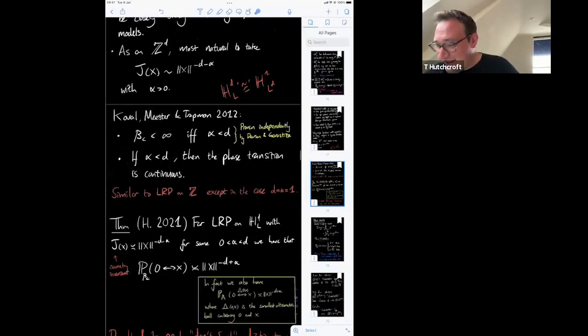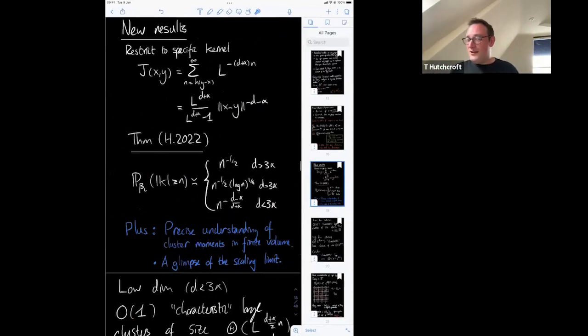the results, which is that for this hierarchical model, I've been able to exactly understand the volume tail, in fact many other things as well, including the logarithmic corrections at the critical dimension, which is 3α for these long-range models. So in particular, you have the mean field 1/√n behavior in high dimensions.